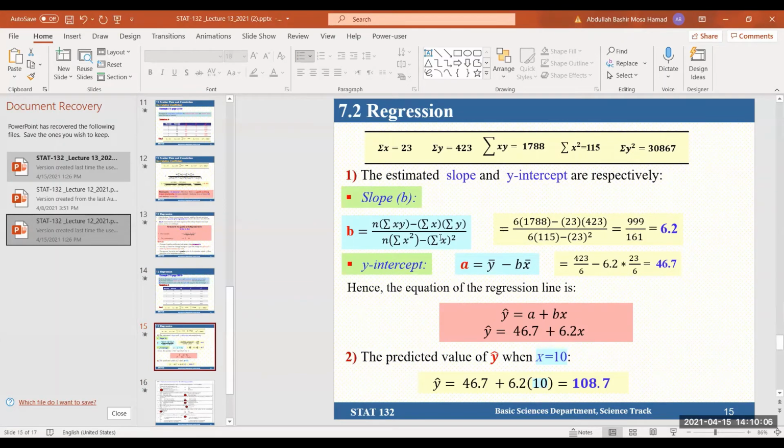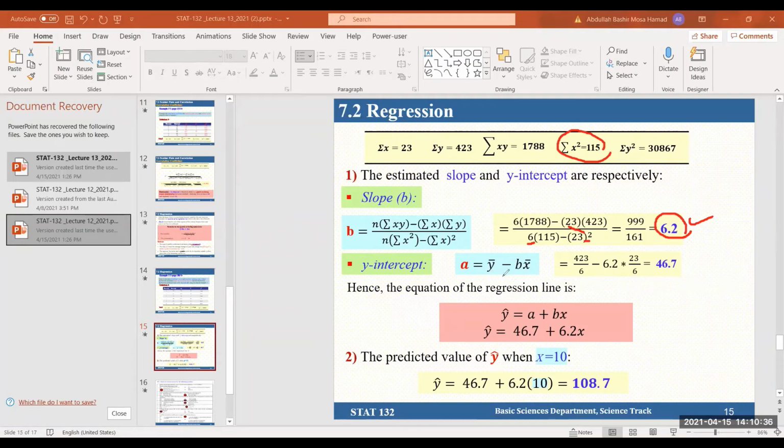But this is the first part of R. So we compute this: n is 6, summation of xi squared, minus summation of x all squared. Also make sure this is the same, just we do squaring, so it is 6.2. This is the slope.